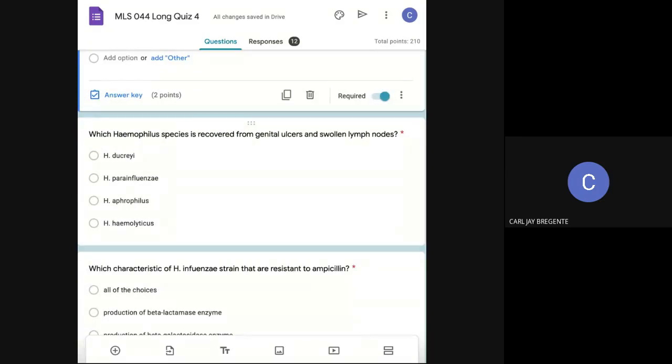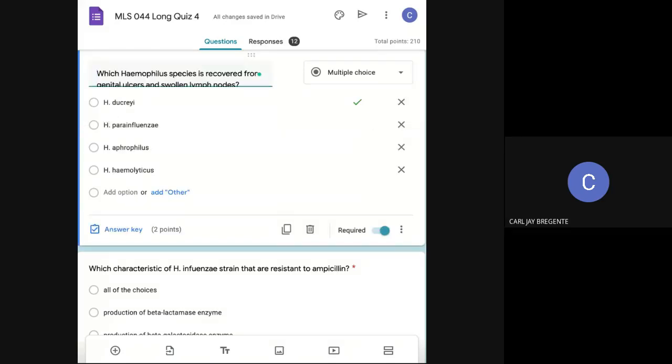Which Haemophilus species is recovered from genital ulcers and swollen lymph nodes?